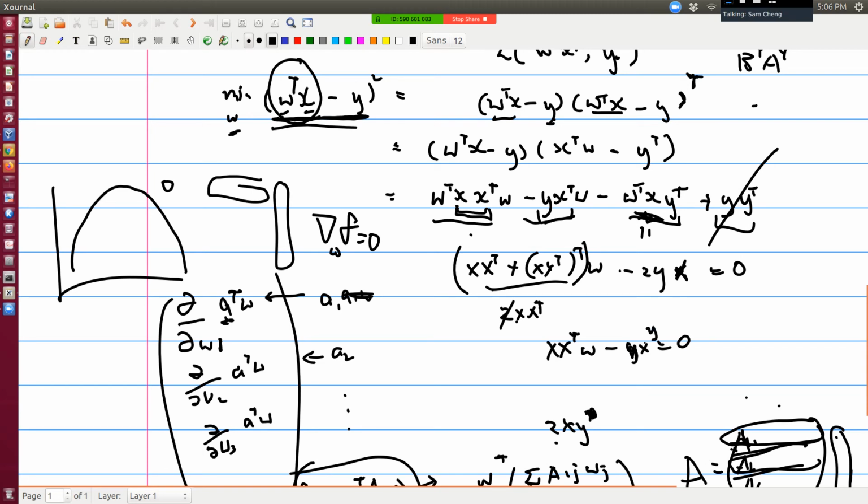Y is just a scalar. So therefore, W is just equal to XY times XX transpose inverse. You have probably seen this before.